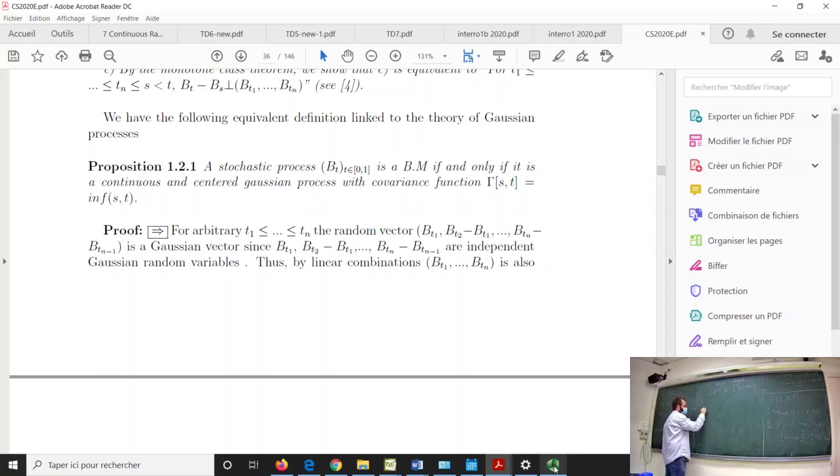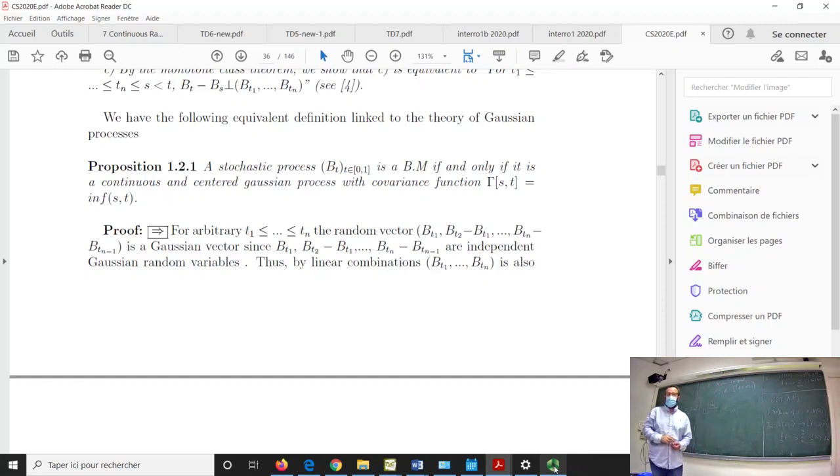I define Bt as I of the indicator function of the interval [0,t]. So it's a definition that I propose, okay?